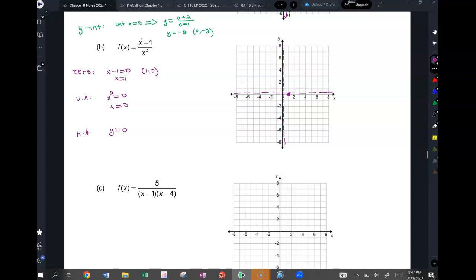Okay, technically speaking, the horizontal asymptote is a different situation. You'll learn in future years that the horizontal asymptotes really only take effect at the ends of the graphs, at the infinities. So at positive infinity and at negative infinity. In reality, if we were able to really see a horizontal asymptote, it would look more like this, where there's no horizontal asymptote in the middle, it's only on the sides.